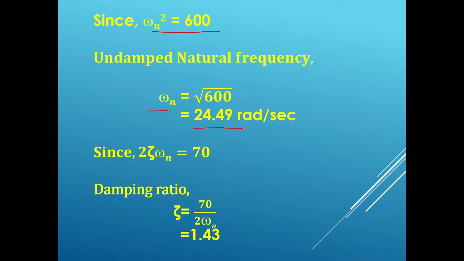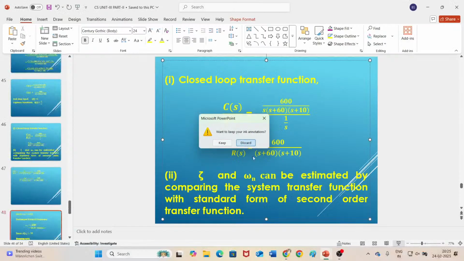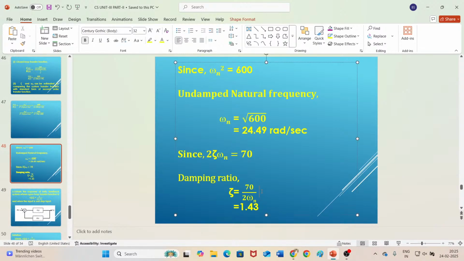So we have got the omega n value. Now we have to determine the damping ratio. The coefficient of S, 70, is equal to 2 zeta omega n. So zeta is 70 divided by 2 omega n.